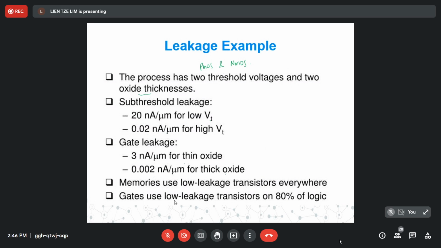Even though it is small, it's still critical. We have to ensure that the leakage currents will not increase, because some of the devices need low leakage transistors. For example, memory uses low leakage transistors.